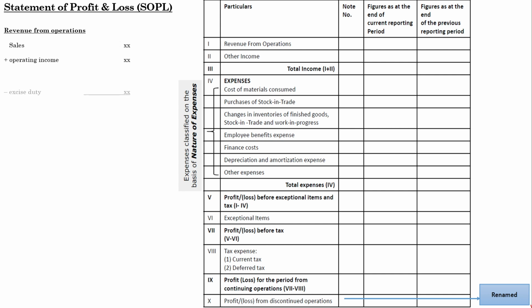So the pattern will be like this. Sales, if given in the question, take the sales. If there is any other operating income specifically mentioned in the question, add it along with the sales. Remember, you have to deduct the excise duty from the sales in order to identify the net sales during the year.